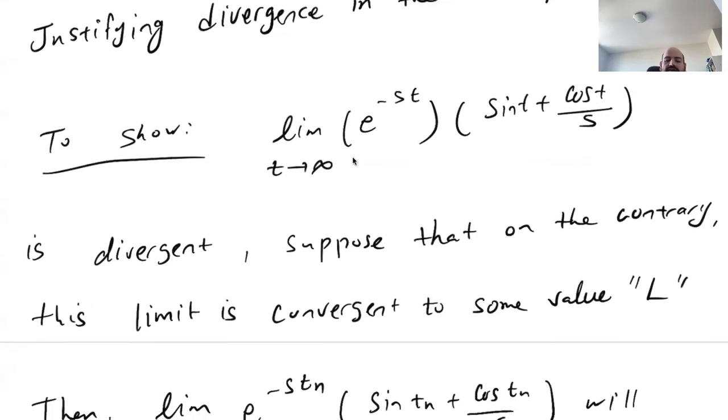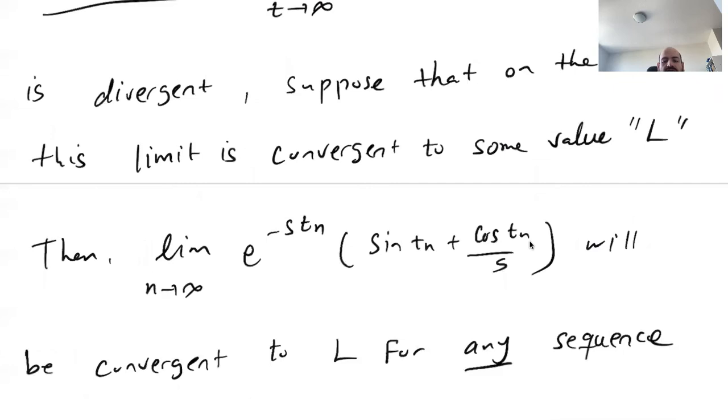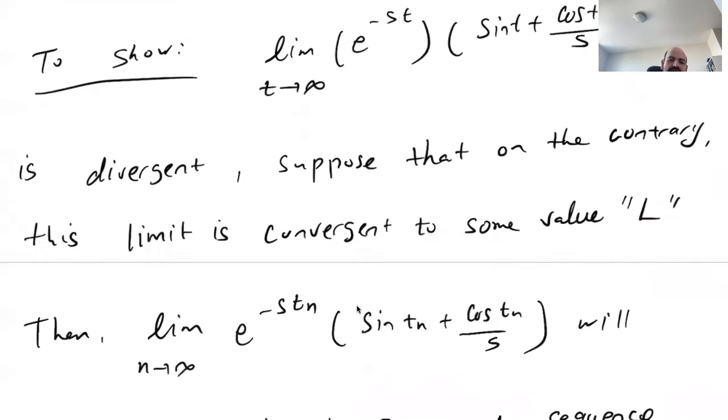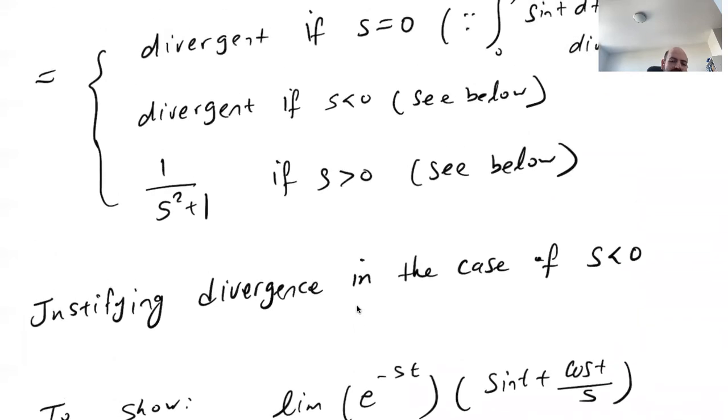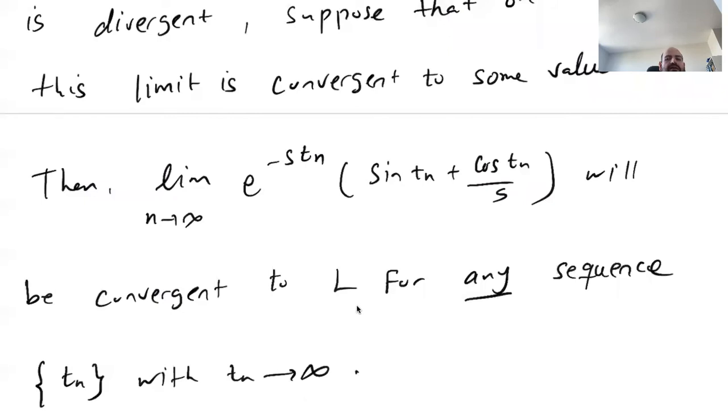So this is what you learn in math 113: if the limit of f of t as t goes to infinity is L, then the limit of f of Tn as n goes to infinity must be also L for any Tn that goes to infinity. So if I can find a particular sequence Tn that goes to infinity, but this limit is not convergent to any value L, then I will have my contradiction, and that means this original limit must be divergent, because if it was convergent, then we would have a contradiction.